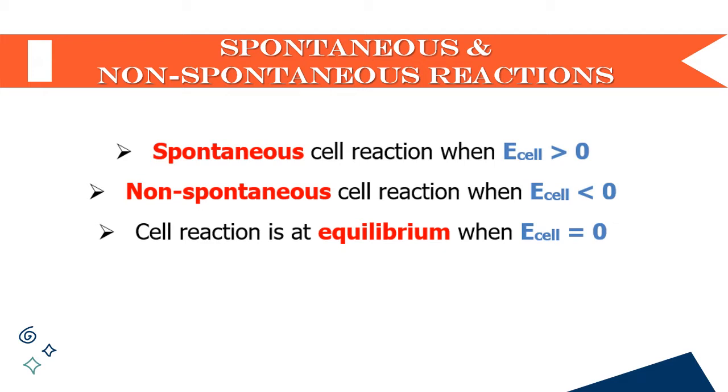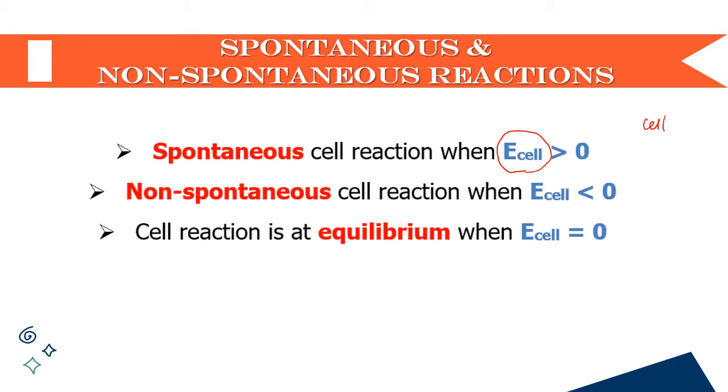So the only difference here is the E cell. In the previous video I wrote E naught cell, because the reaction happens at standard condition. So to calculate the E naught cell, E naught cathode minus E naught anode.